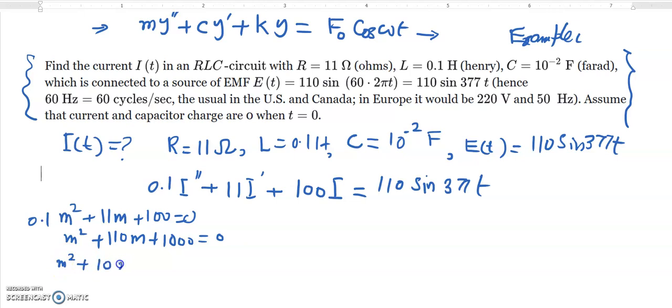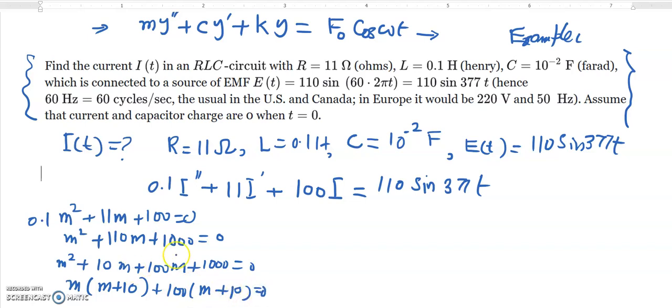So it will be m² + 10m + 100m + 1000. If you multiply 100 with 10, then you get 1000. If you add 100 with 10, then you get 110. So m(m + 10) + 100(m + 10).